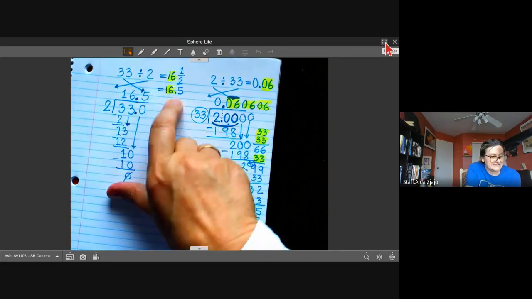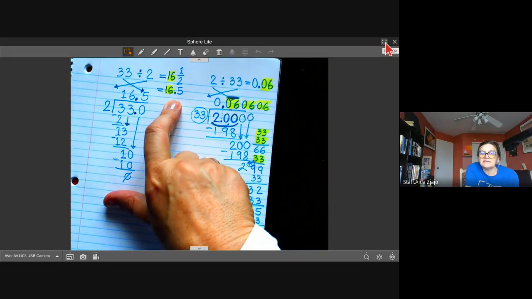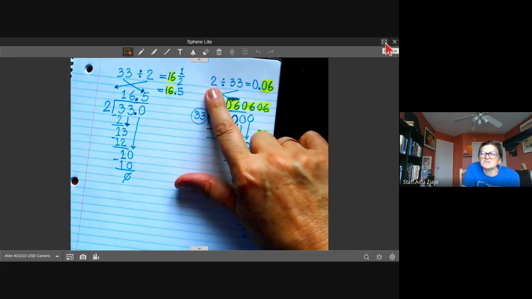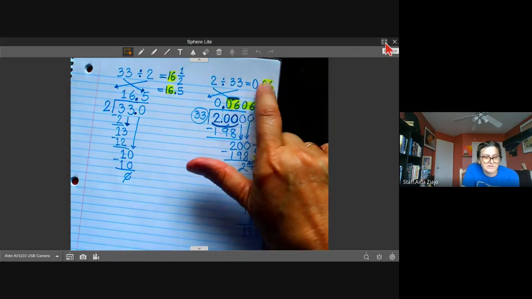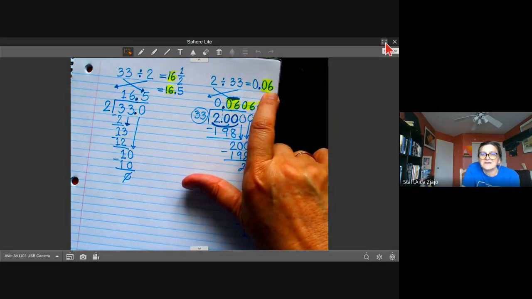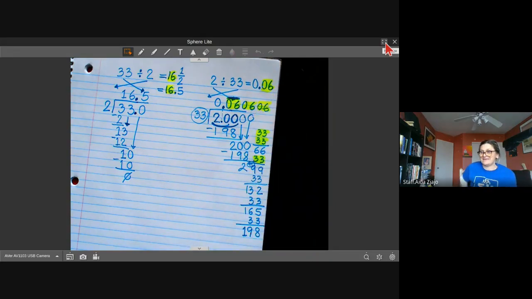Both of them will get that. But if you needed to divide just $2 among 33 people, each person will get hundredths. And 6 out of 100 means 6 pennies each.